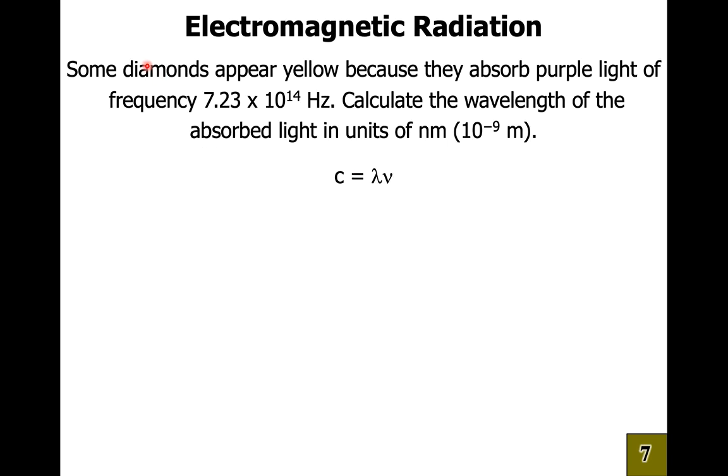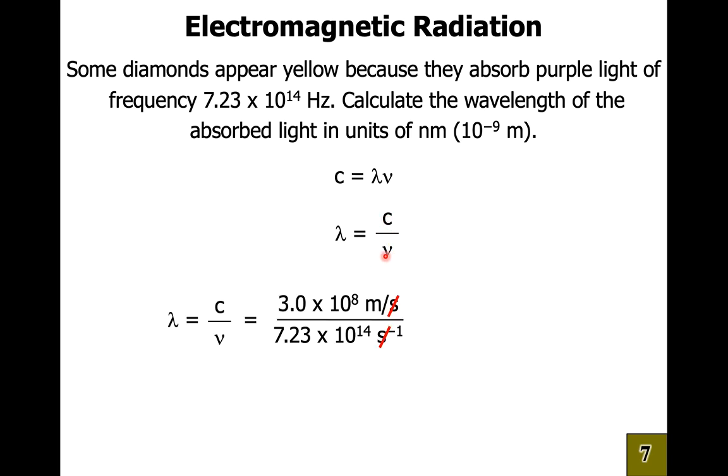Okay, so you'll see this sort of problem. Some diamonds appear yellow because they absorb purple light of a frequency 7.23 times 10 to the 14th hertz. Calculate the wavelength of the absorbed light in units of nanometers. And so in this case, you have the speed of light. The problem is giving you the frequency. And for the purposes that it's useful for us, we replace this hertz with a per second.